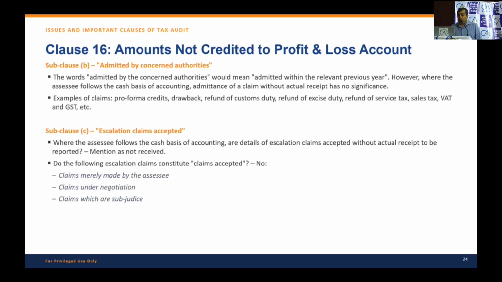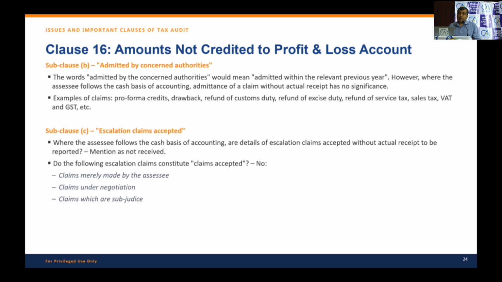Amounts not credited to profit and loss account, admitted by concerned authorities. Those have to be actually admitted by the authorities. Discussions or show cause notices would be very loose documentation for the amounts to be reported under this paragraph. So where there is a concrete order, those amounts need reporting here.